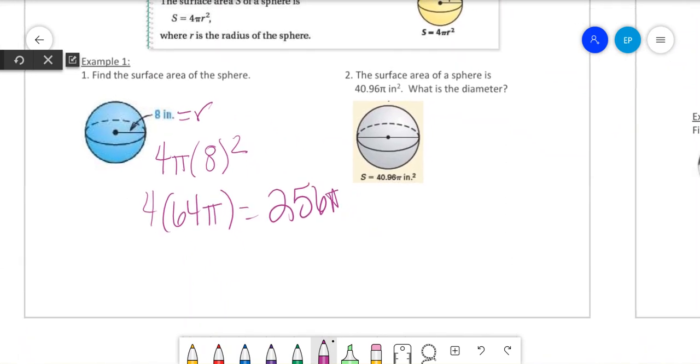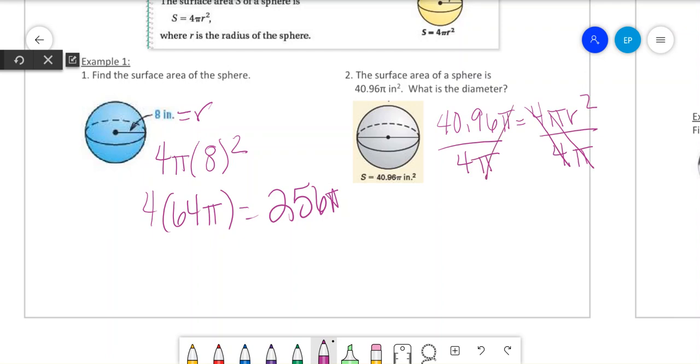Surface area of a sphere is 40.96 pi. What's the diameter? So we're going to work backwards. So 40.96 pi equals 4 pi r squared. So I'm going to divide by 4 pi first. Cancel out.